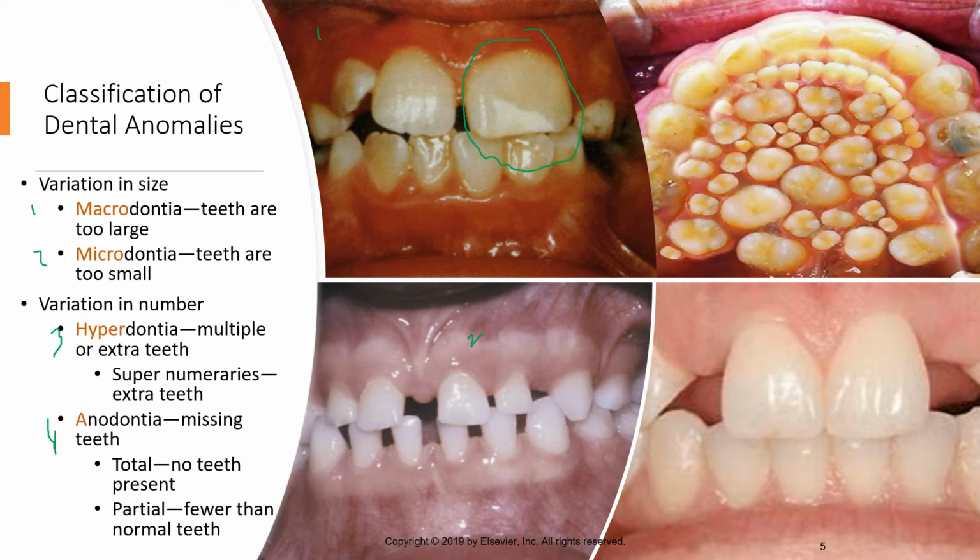Then we have variation in numbers, okay? And as you can see in this third one, this is hyper, meaning too much. So multiple or extra teeth. These are termed supernumerary teeth, okay?